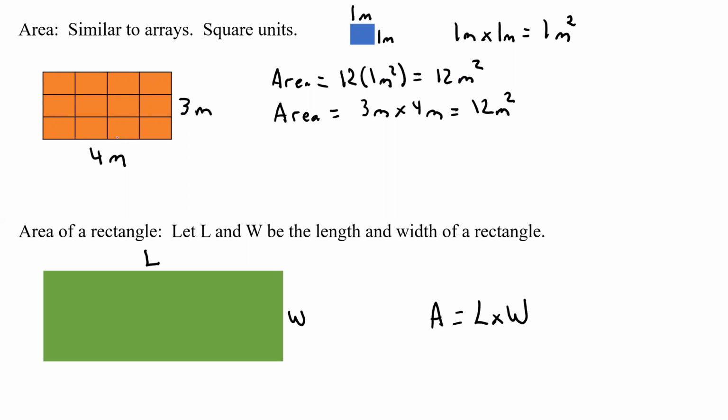So each one of those is a meter, so there's going to be 4. And each one of these is a meter, so there's going to be 3. So we'll take 3 meters times 4 meters. Well, 3 times 4 is 12. Meter times meter is meter squared. And we get 12 meters squared no matter which way we do it. If we add all the numbers together like the stars, or we take and multiply this length by this width, we get the 12 square meters that way.